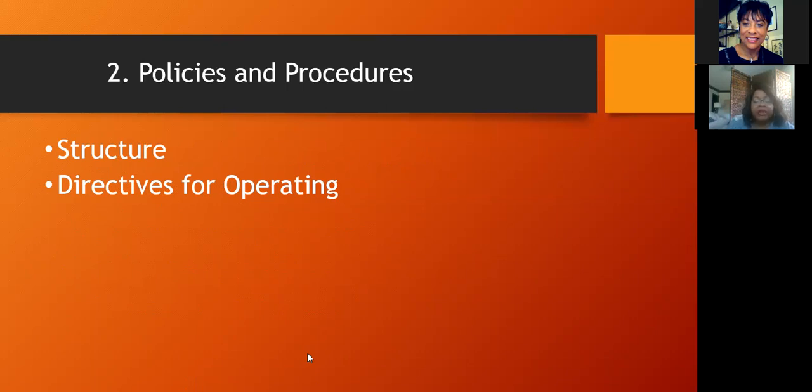All of these are just basic in terms of how you as a workforce development program operate. And so this clearly should be identified in your policies and procedures: how you expect your staff to function, how you expect your program to operate, and what you would do to address challenges along the line.